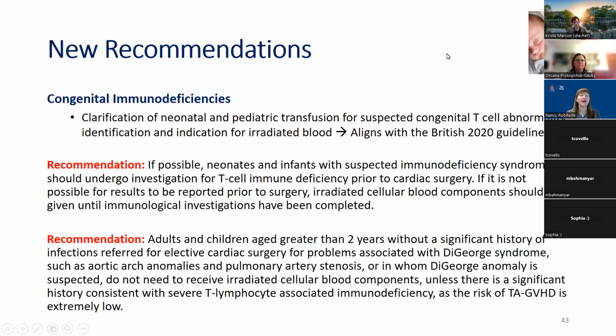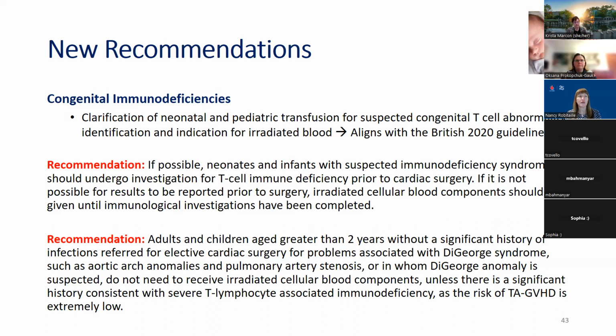Okay, so you might remember that the 2017 recommendation had one statement about congenital immunodeficiency. At this time, the statement said that all severe T lymphocyte immune deficiency syndromes should be considered as an indication for irradiation.